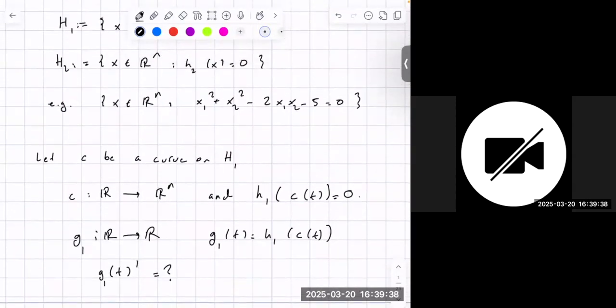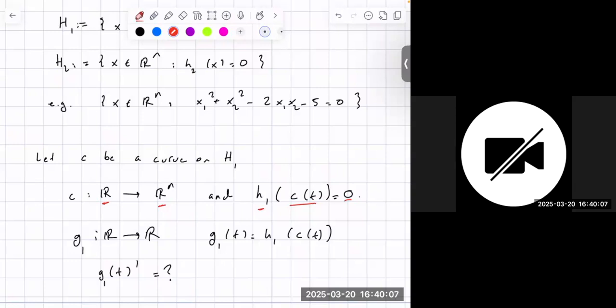So let's go slow before I get to a conclusion. More mathematically, let's say my surface was living in some n dimensions, and I have a curve going from real numbers to R^n. If the equation was H1, I plug my curve inside, I always get a 0, which means the curve is living on the surface, right? That's what it means. The surface was defined by plugging your numbers into this equation, and you should get a 0 out, okay? Now let's try to make this easier for myself. I put the curve in and I get out a number.